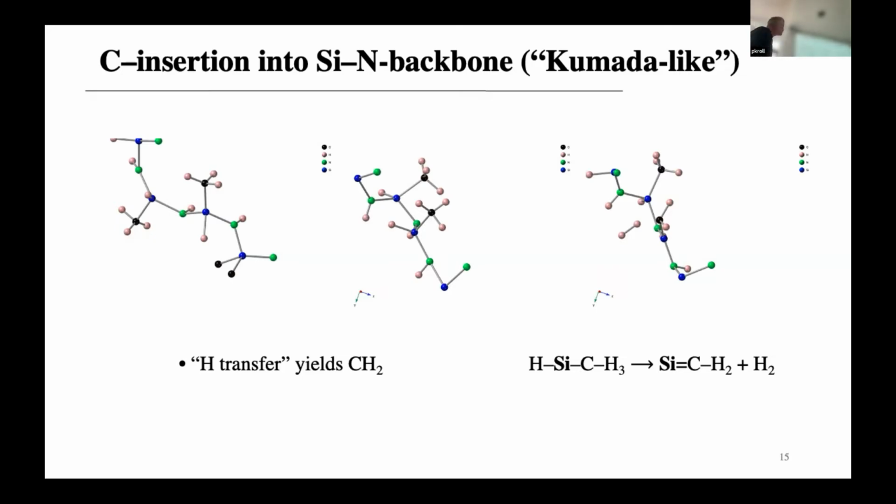They typically start with some H being transferred, so that your CH3 in the beginning becomes a CH2. Whether this is now a radical or whatever is going to happen, in most cases, the silicon that is attached to this now creates a temporary double bond to this carbon.